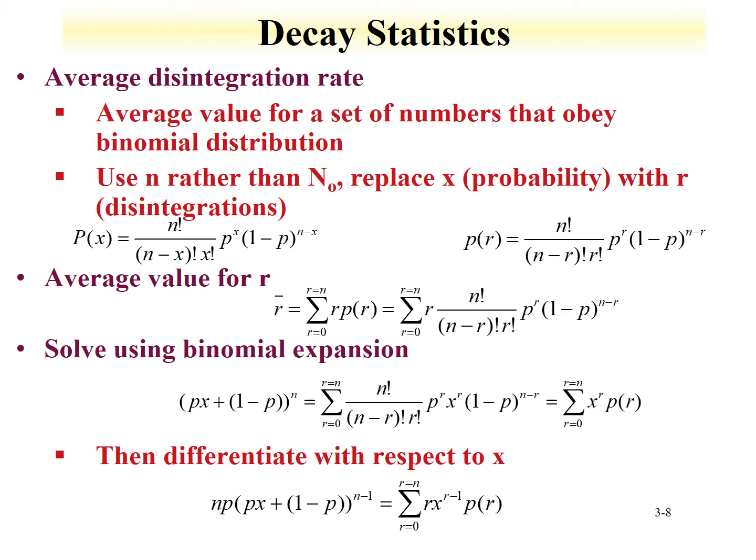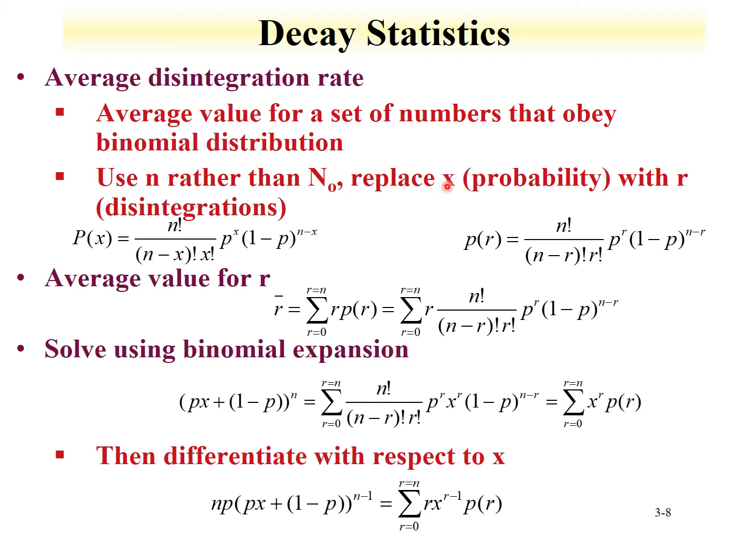We can continue to use binomial distributions to discuss average disintegration rates. We're going to go back to the original equation from two slides earlier. We're going to talk about some n number of ensembles or units that bin into a given value, as opposed to the initial amount.